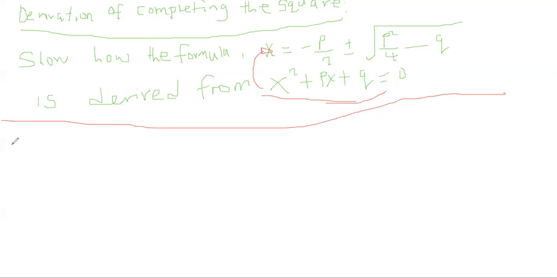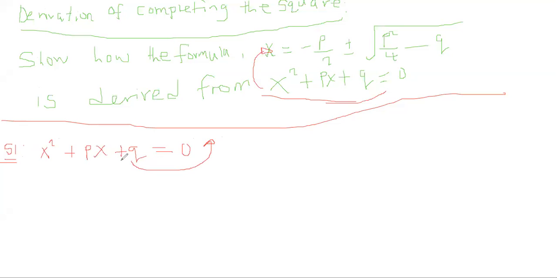So let's say this is step 1. I will not jump any steps. I will do it one after the other. In step 1, you have your quadratic equation, which is x raised to the power of 2 plus px plus q equals 0. We have done this in the last lectures, but I'm still repeating it. Here, you bring q to the other side of the equation.